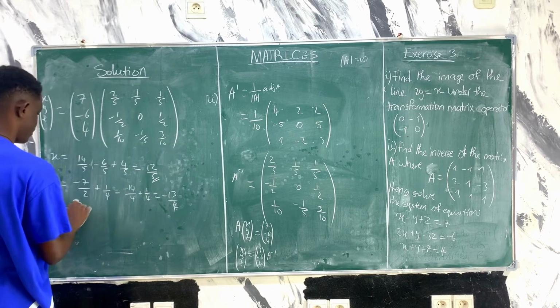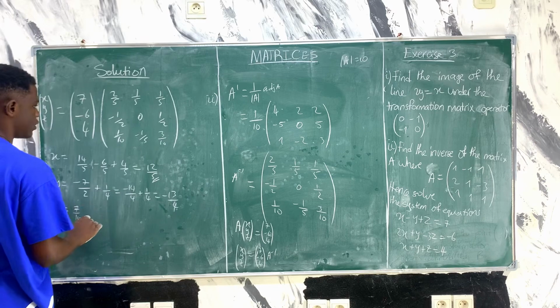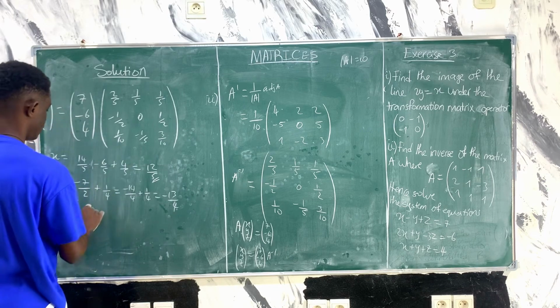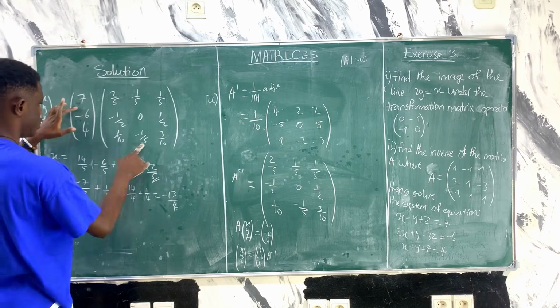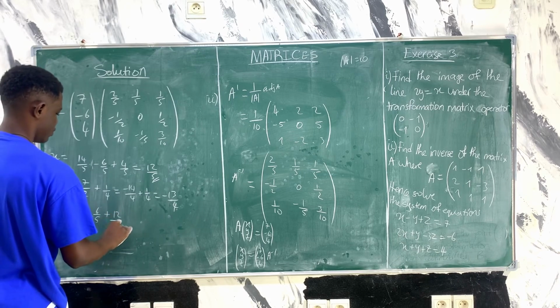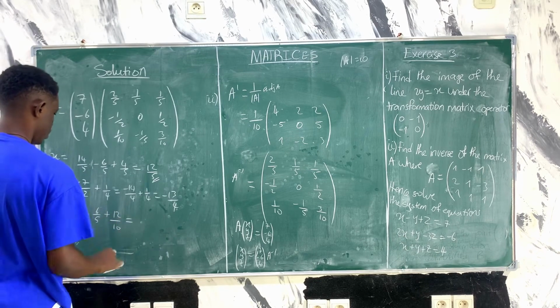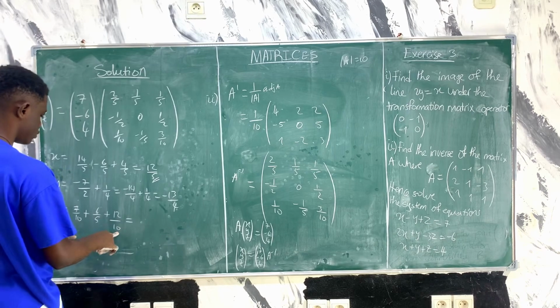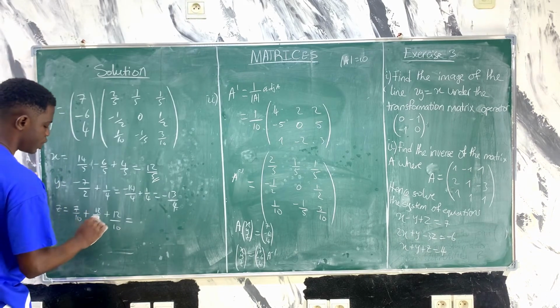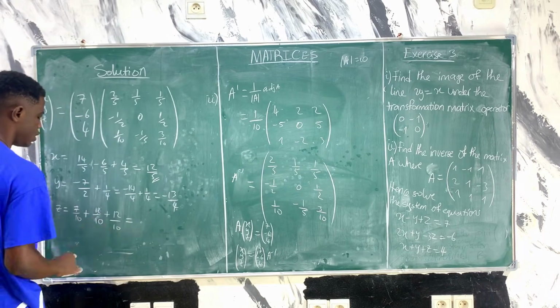Z is equal to, multiply this by the last one I have, 7 on 10 plus 6 on 5 plus 12 on 10. That is going to be, if I multiply this up and down by 2, I'm going to have 12 here and I'm going to have 10 here.